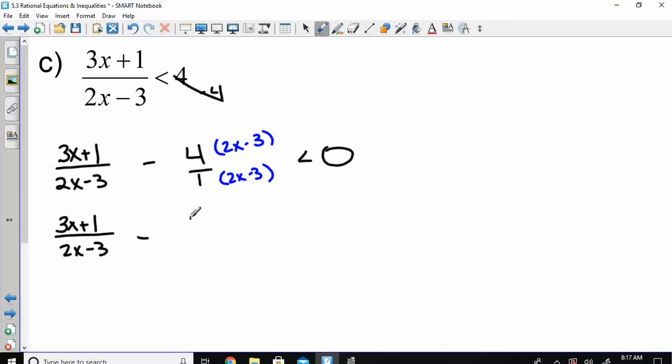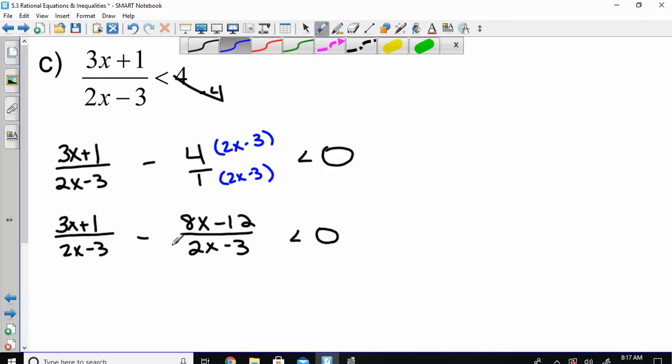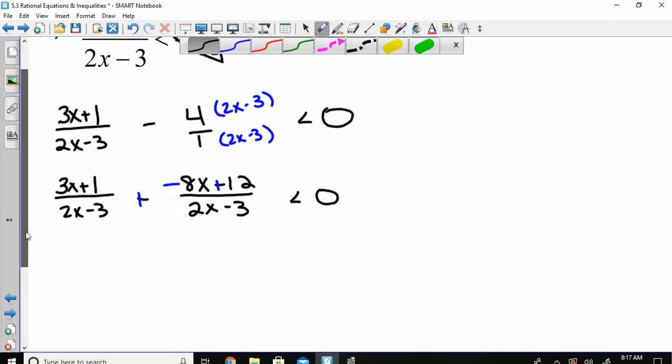So if we distribute the 4, okay, because this was a minus, I'm going to distribute a negative through here. So now we can combine these two fractions.